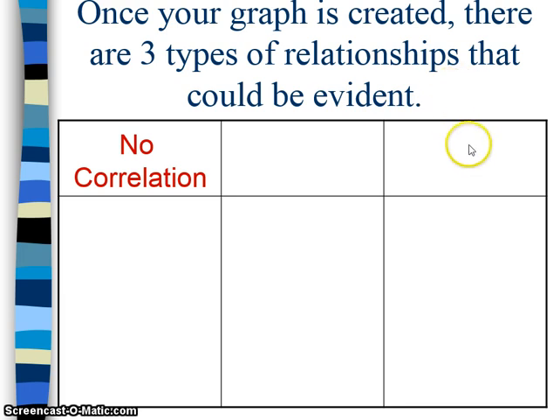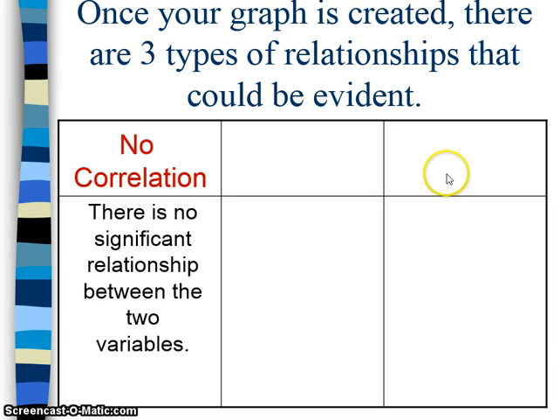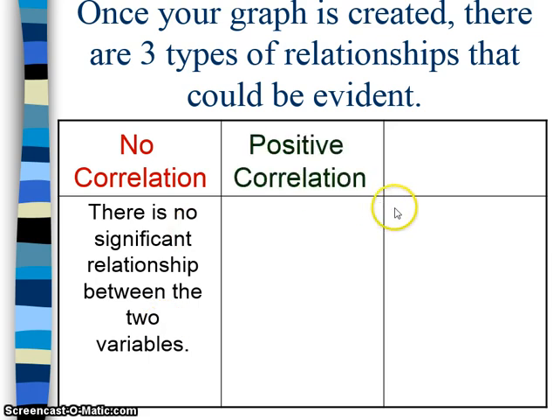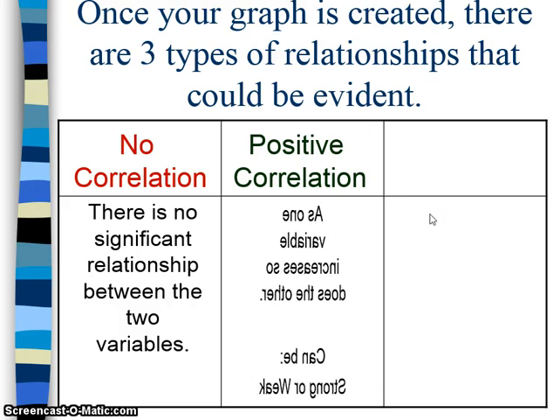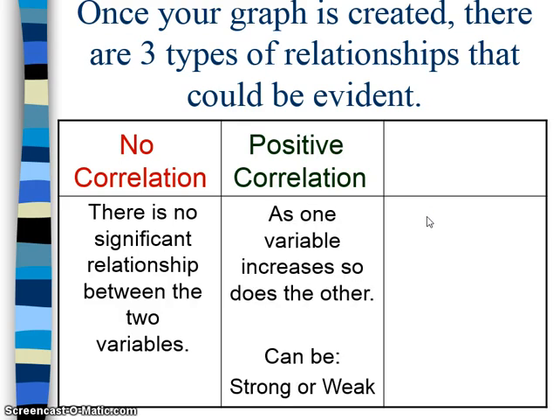The first is called no correlation. This would be if there is no significant relationship between the 2 variables. A positive correlation is as one variable increases, so does the other.